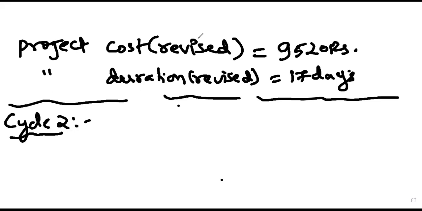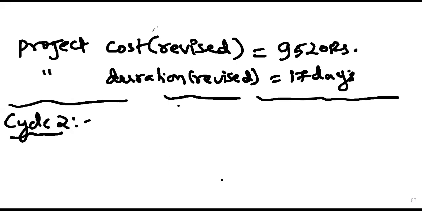In the project cost calculation, for the cost of 1 to 3 activity we took 3 into 100, but it should be 3 into 90, right? That is the incremental cost. Yes, sir, 3 into 90. The cost of reduction is 3 into 90, that's right.